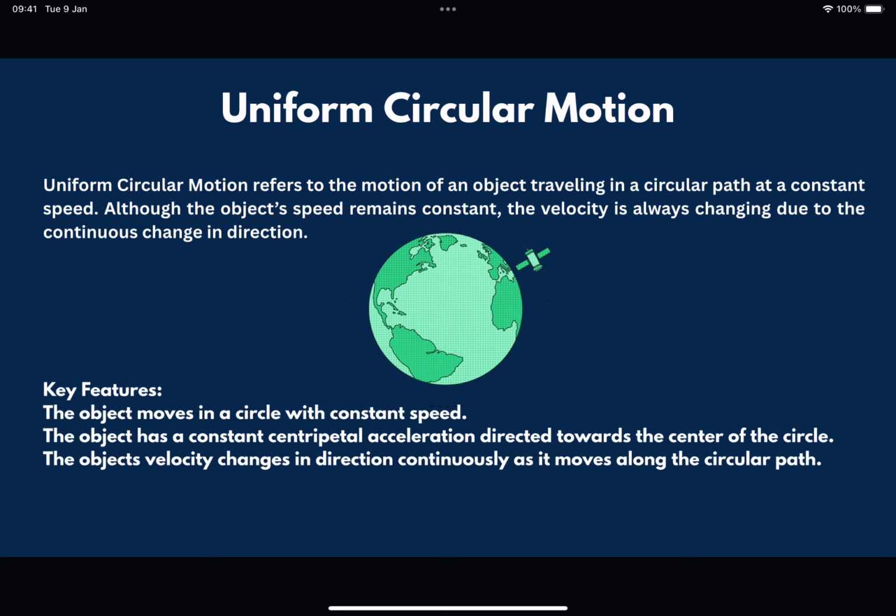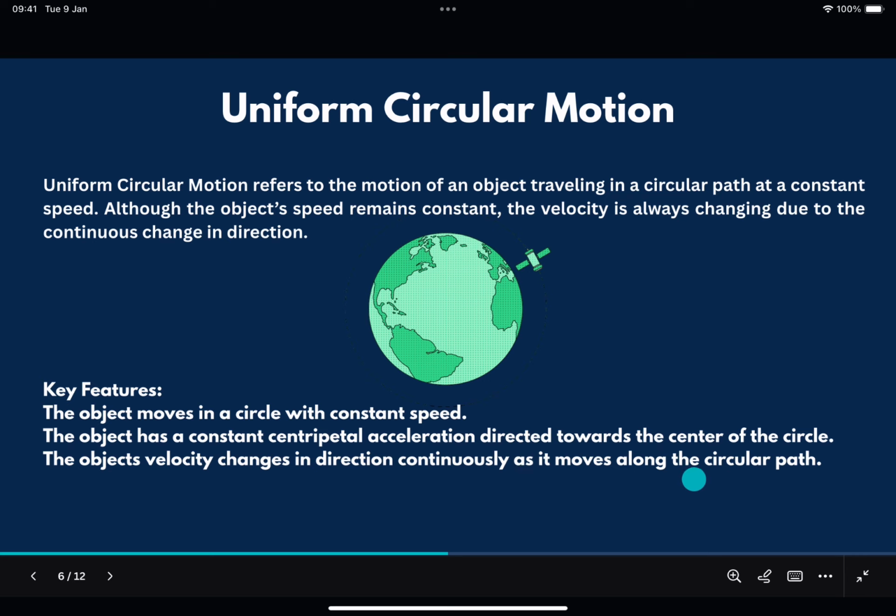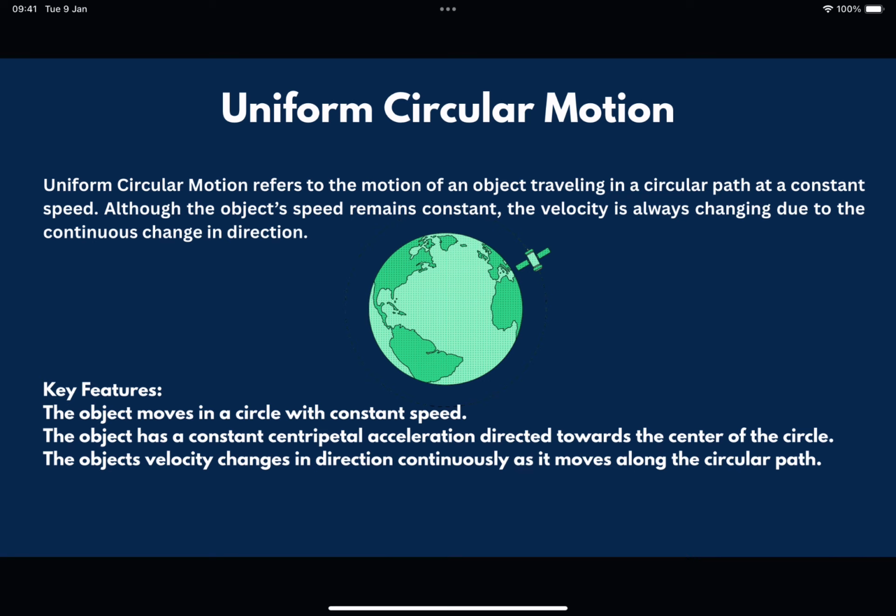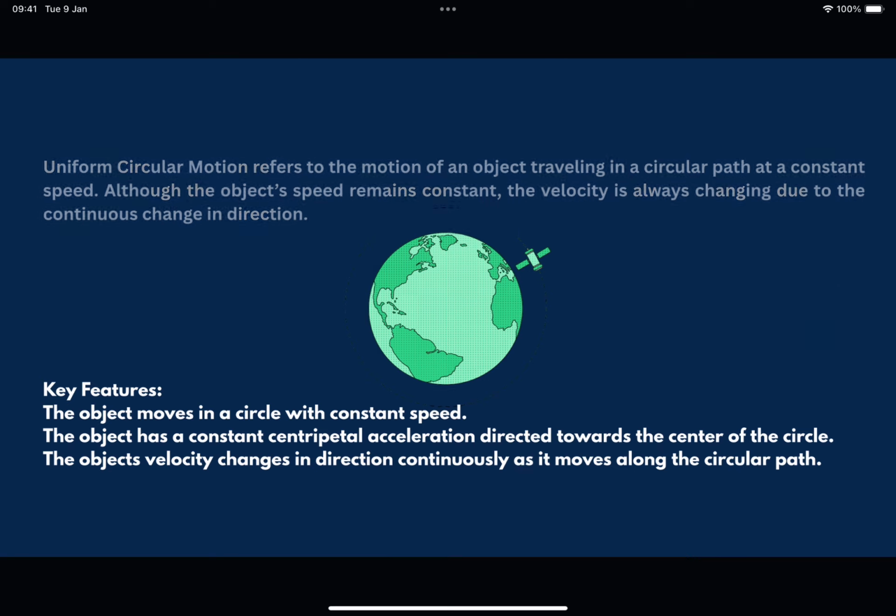There is some acceleration from the Earth which keeps the satellite revolving around the Earth. This is known as centripetal acceleration, which we discussed yesterday, the force acting towards the center. The last thing is that the object's velocity changes in direction continuously as it moves. As I already told you, the very important feature is that the velocity always changes.